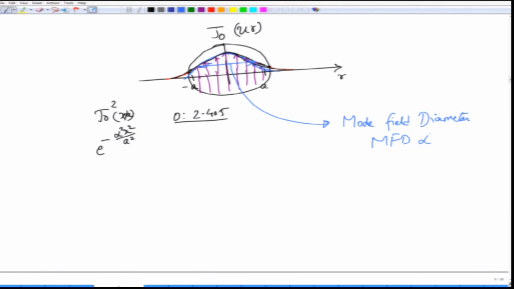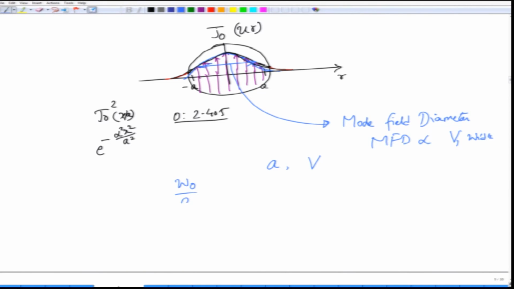There are nice expressions for MFD in terms of the V number, in terms of some fitting parameters, namely the mode field diameter fitting parameters. You can look at those expressions in the textbook. Okay. So this will simply tell you that for a given radius A and for a given value of V, how is the width, which is denoted by W0, just to confuse you, how is the half of the mode field parameter, so that the power is concentrated about 99% within this mode field parameter.